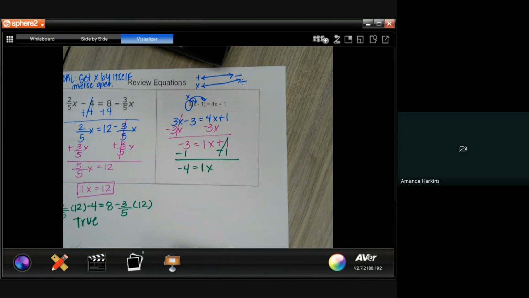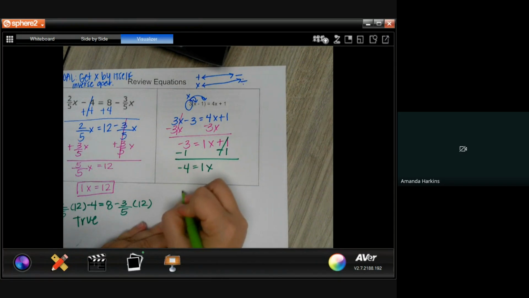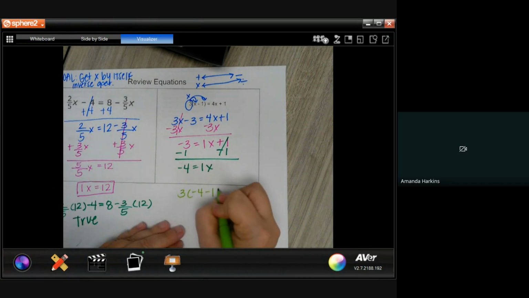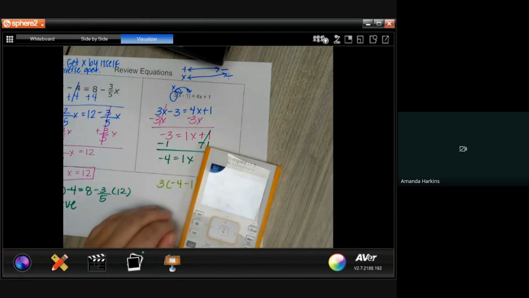Again, if I have a calculator, I can go ahead and check that in my calculator. So let's see if this is true. So we would have 3 parentheses negative 4 minus 1 equals 4 times negative 4 plus 1.